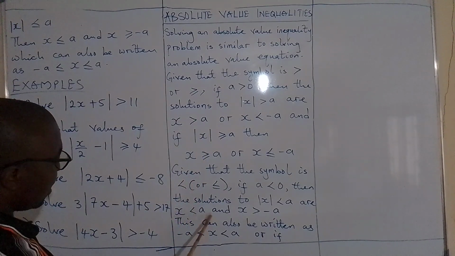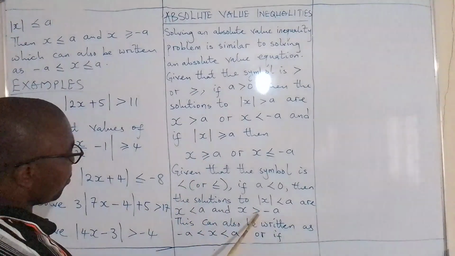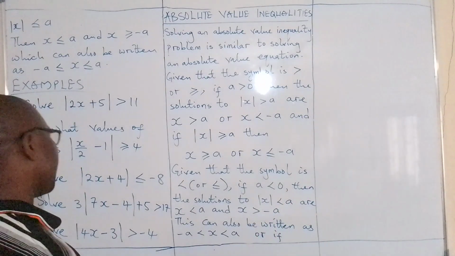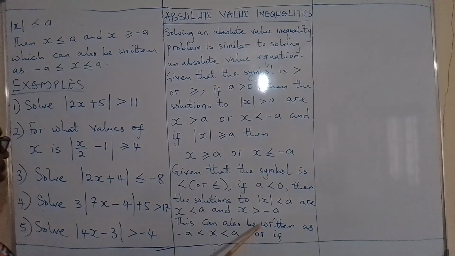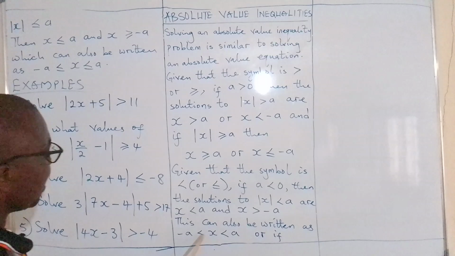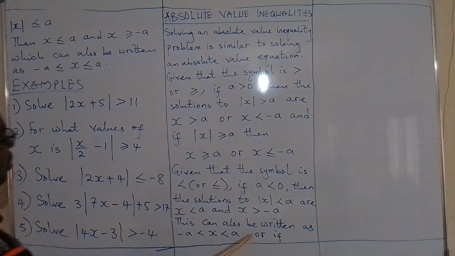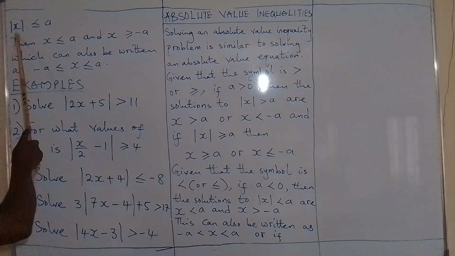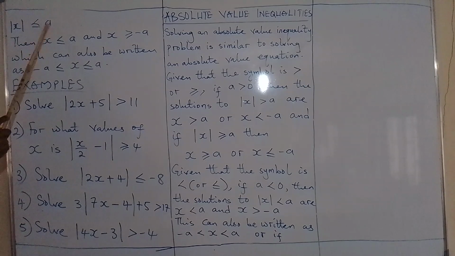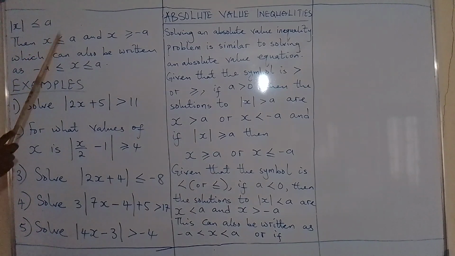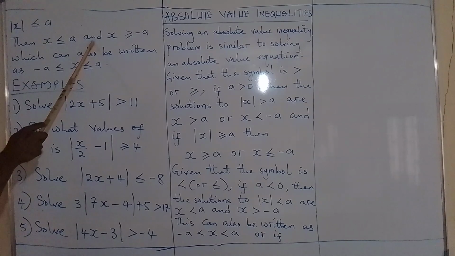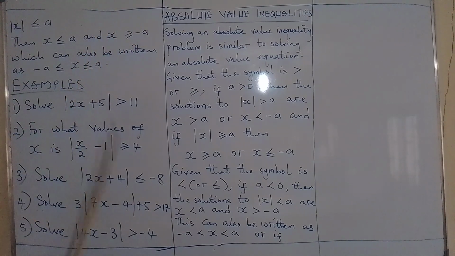So X is less than A and X is greater than minus A. This can also be written as minus A is less than X is less than A. Now, if the absolute value of X is less than or equal to A, then X is less than or equal to A and X is greater than or equal to minus A, which can also be combined as this.